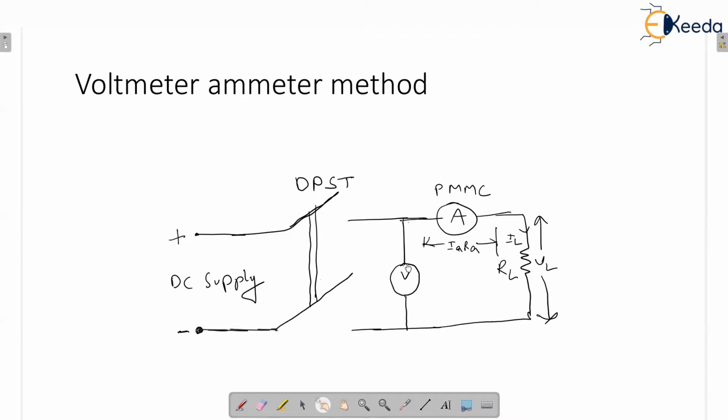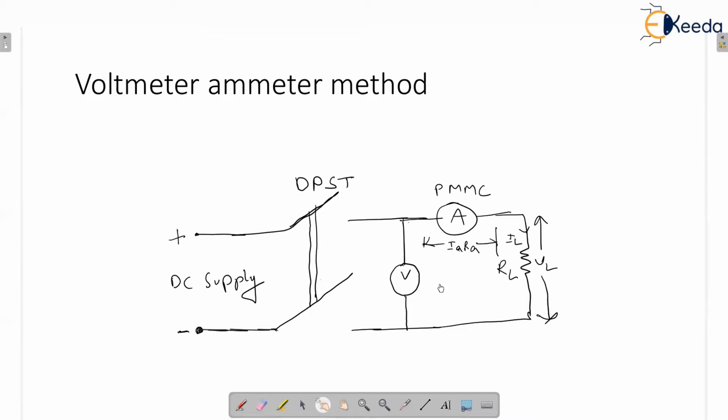Because initially I am placing the voltmeter here, and next I am placing the ammeter, then the resistive load.